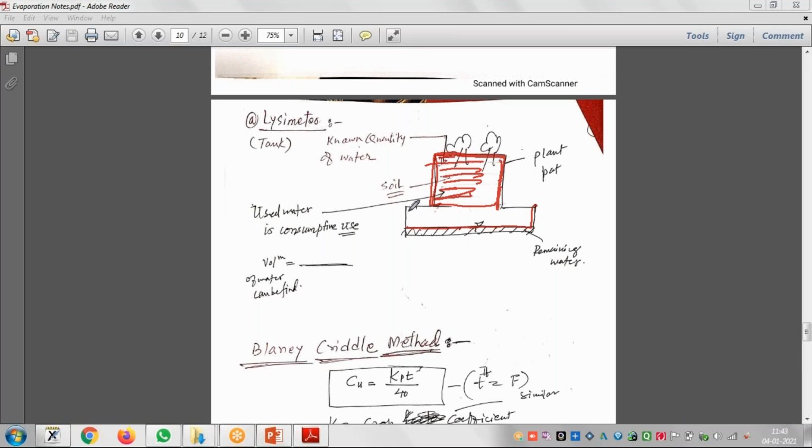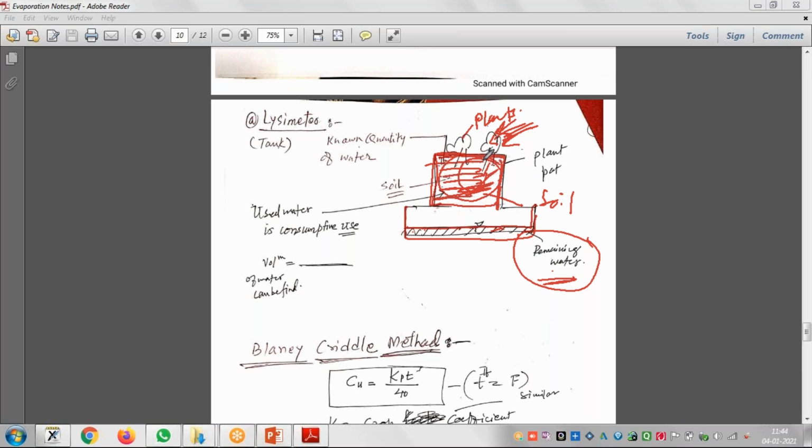Some quantity of water is inserted into the soil. Some of the water is used by the soil and the plants, and the remaining quantity of water is collected in the pan. Through this method we can calculate the evapotranspiration.